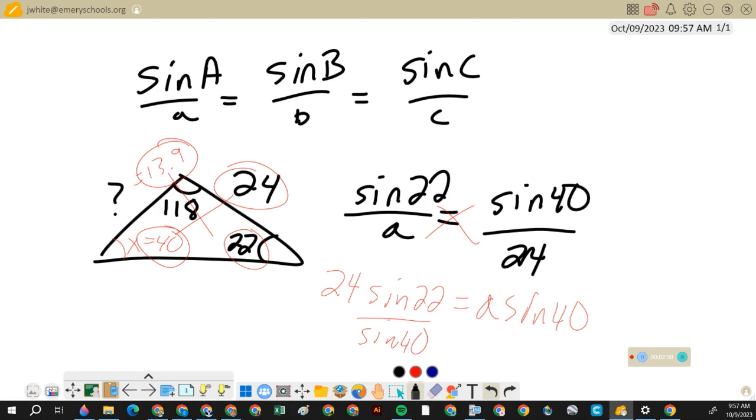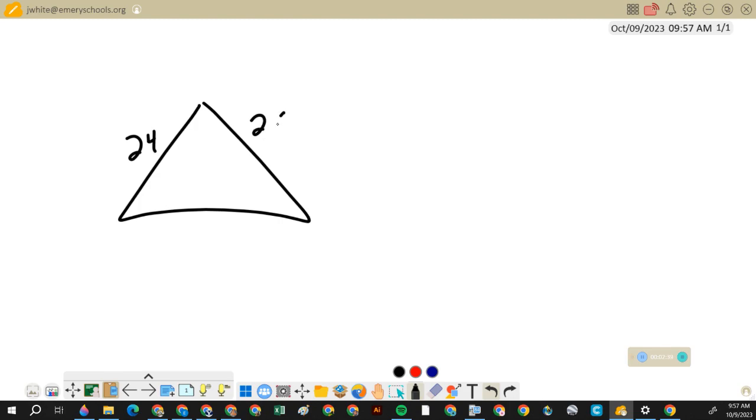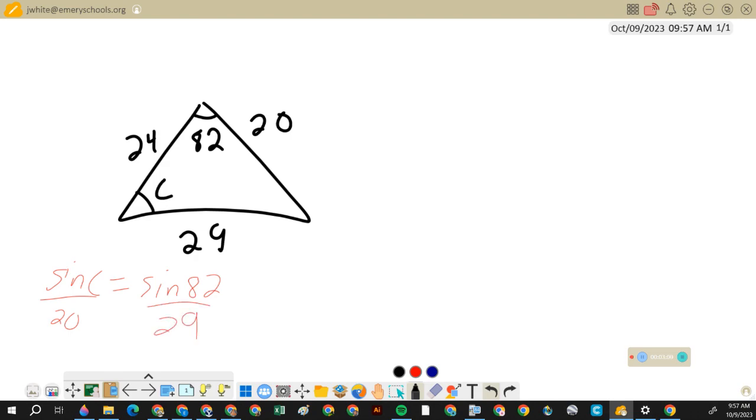Look at number 7. 24, 20, 29, 82, and it wants angle C. So the sine of C over 20 is equal to the sine of 82 over 29.